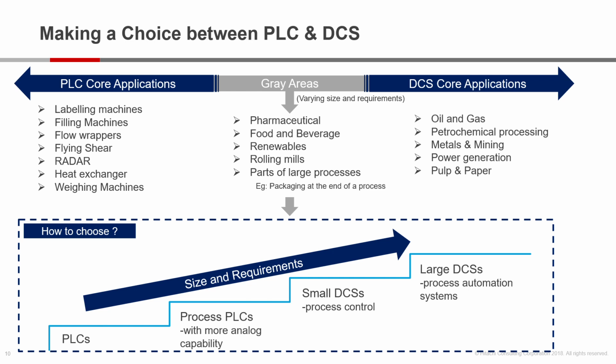Now, DCS, when it came, was quite expensive, so even DCS manufacturers are trying to make it less expensive and comparable to what a PLC is. These days, you will see many PLC controllers which are compatible with a DCS as well. For example, ABB has controllers which can work as a PLC and a DCS as well. So there are many gray areas. It's not strictly defined in today's day.